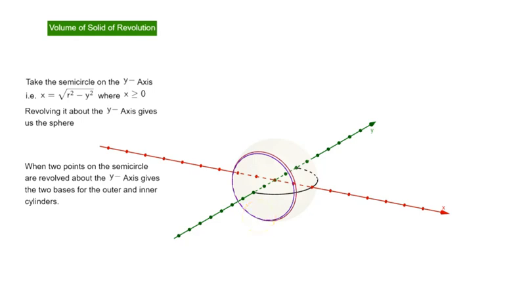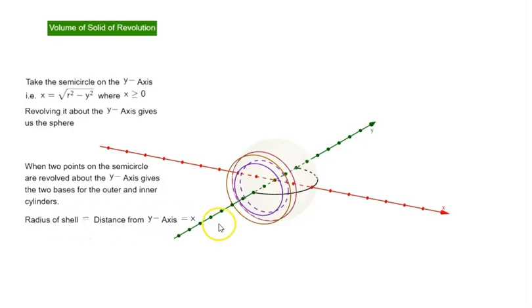And on these, we draw cylinders. So it's very difficult to make out, so let me take them a little bit farther away from each other. Now you can see we have the two cylinders. One is the outer cylinder and one is the inner cylinder.